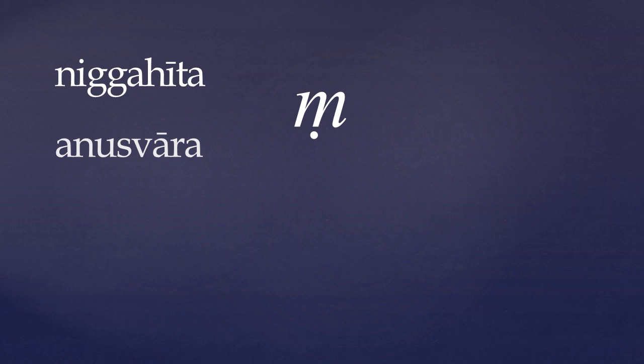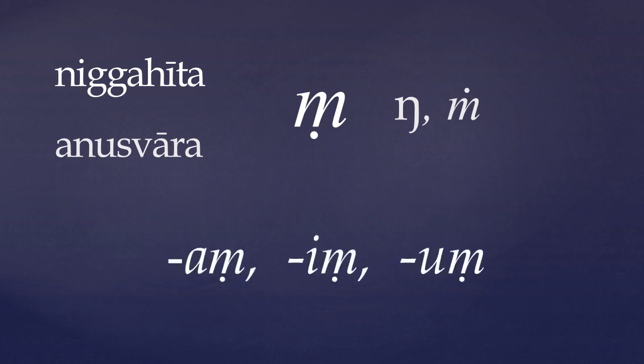This is the modern version, but you may come across some others. Phonetically, the niggahita is not a separate sound, but it indicates a nasalization of the preceding vowel, and it only joins with short vowels to form ang, ing, and ong, and these usually appear at the end of words.